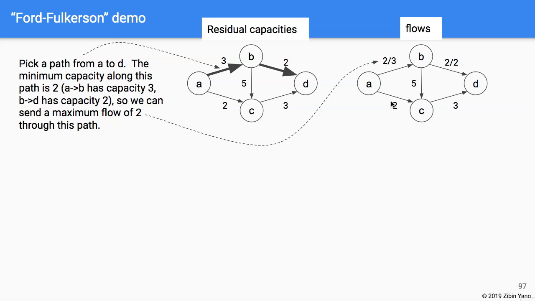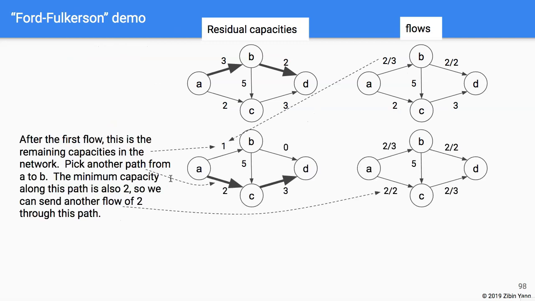Okay, now that we sent some flow through the network, we have to update the residual capacities, and that's how it turns out to be. If you look at this edge, we sent a flow of 2 through an edge with capacity of 3, so the residual capacity is just 1 here. And for this edge, we used up all the capacity, so the residual capacity is 0 now.